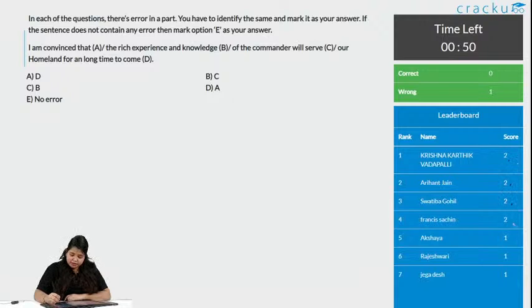There are 4 people with the same score, that is 2, and 3 with the same, that is 1. Come on.